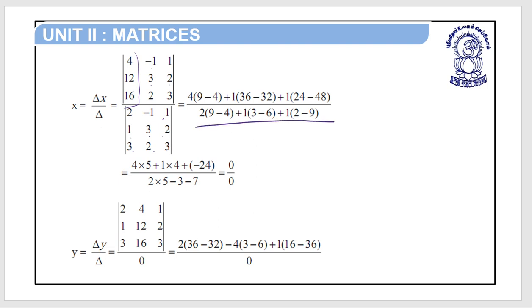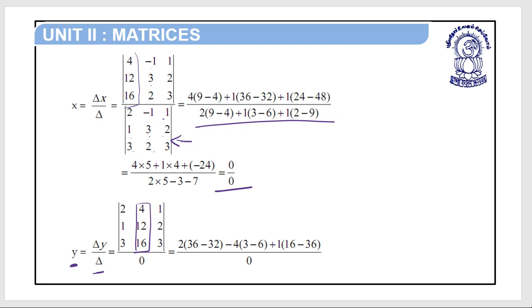Now, by solving this, we will get 0 by 0. Now, find out for y. Delta y by delta. For y, delta y, instead of second column, write down d1, d2, d3: 4, 12 and 16. Delta is 0 from the first step.